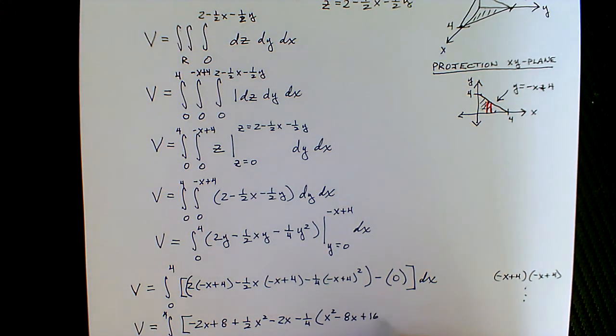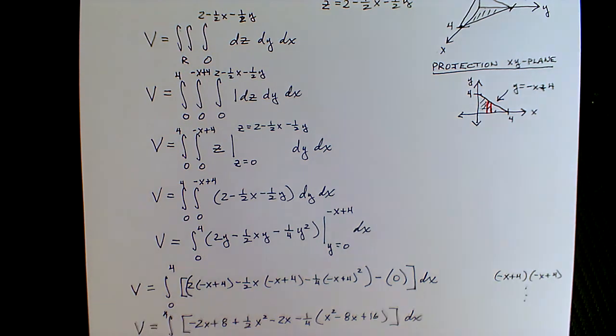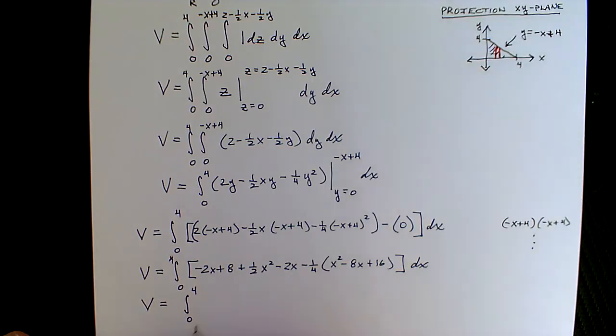Okay, cleaning that up further, again the integral from 0 to 4 of, let's see, we've got a negative 2x, negative 2x is negative 4x, and this would be a negative 1/4 times 8x is positive 2x, so negative 4x plus 2x is negative 2x.